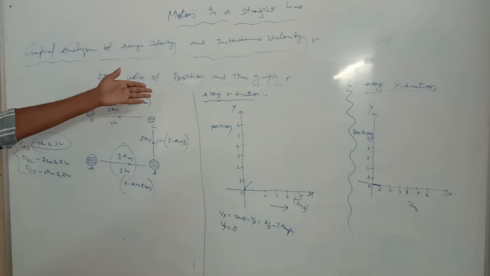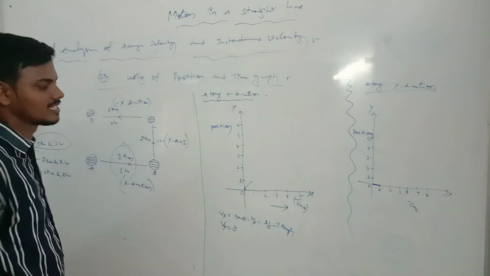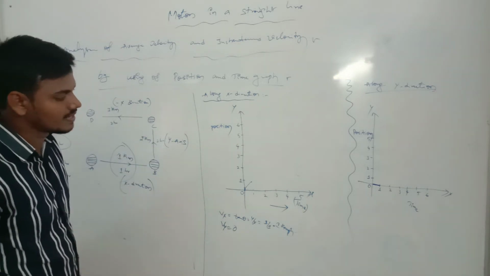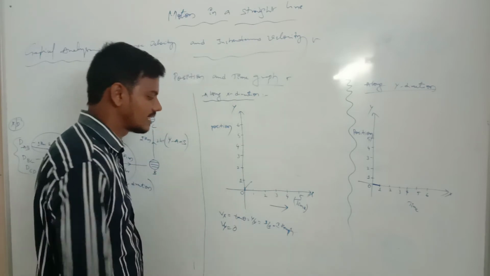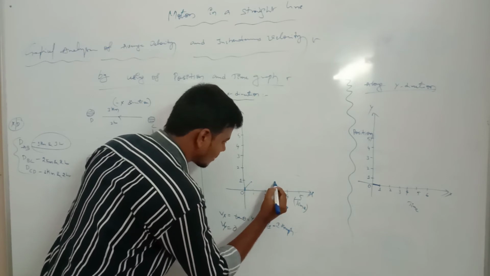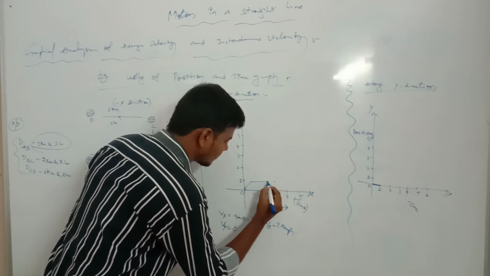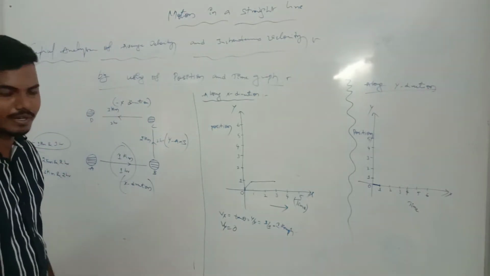Along the x direction, we apply the displacement property at B to C: 2 kilometers in 2 hours. And along the y axis as well, 2 kilometers. Okay, this is the constant property. From 1 to 2 kilometers, 2 kilometers we apply.